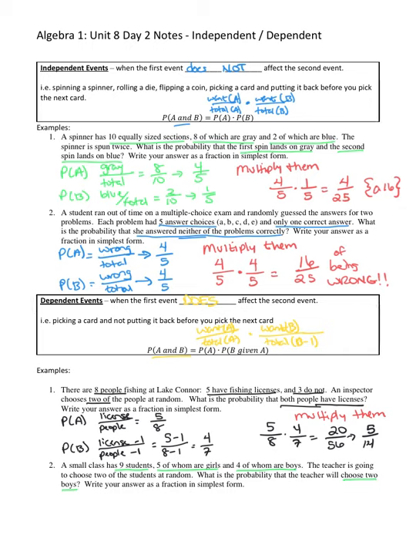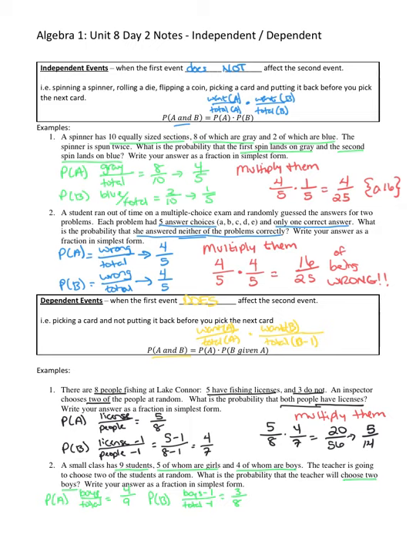So, we'll use big notes over here. Probability of A, boys over total. The first probability is easy. There are 4 boys out of 9. That's easy. Now she's chosen one student. We assume she chooses a boy. That's how the probabilities work. So probability B is boys minus 1 over total minus 1, which is 3 boys over 8 students.